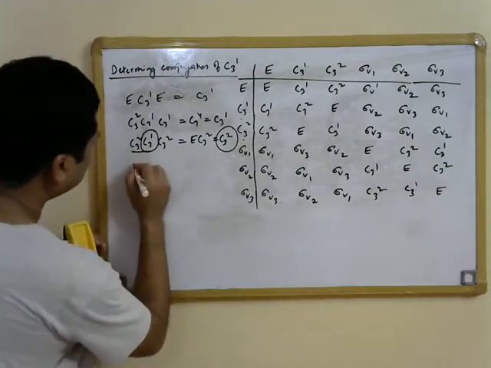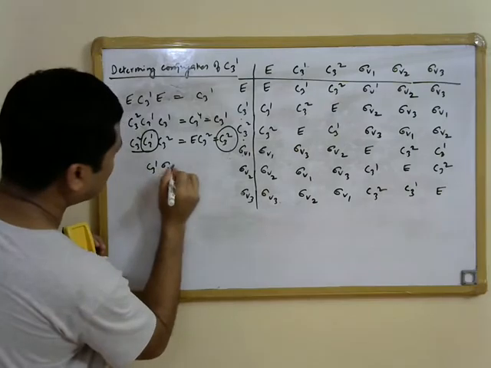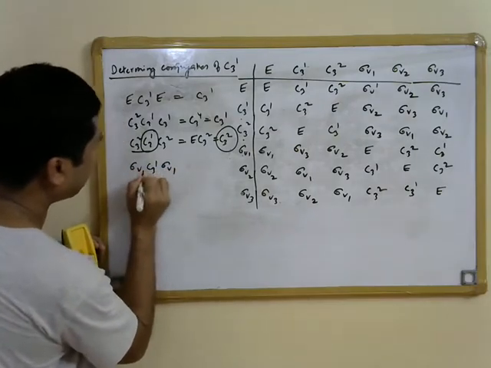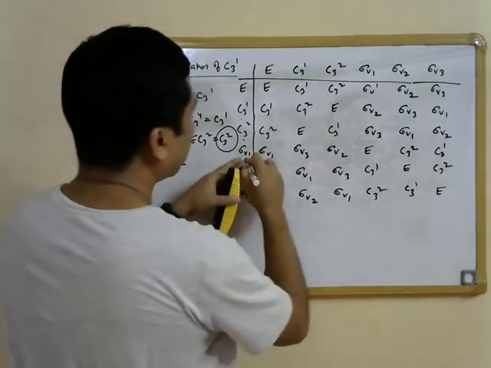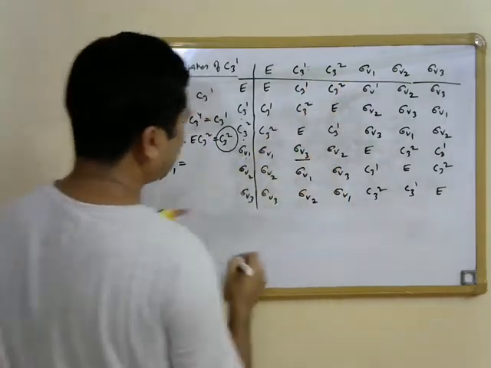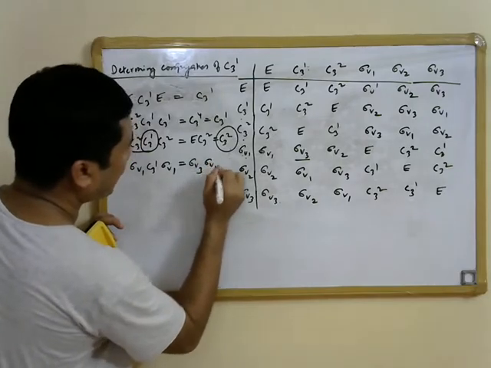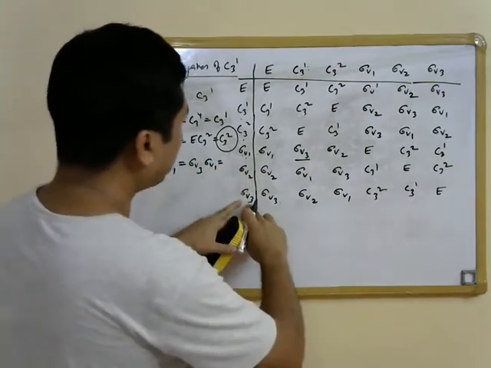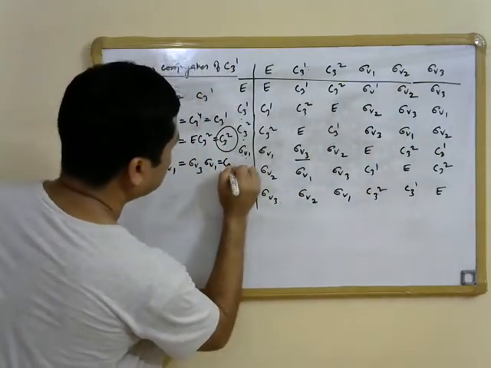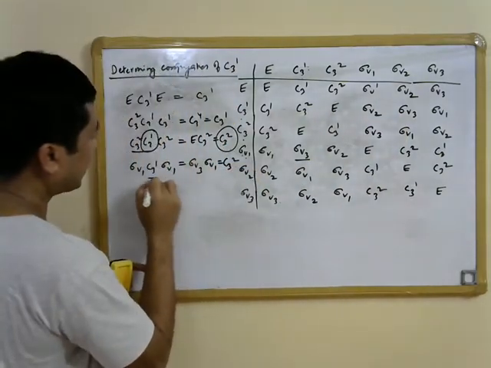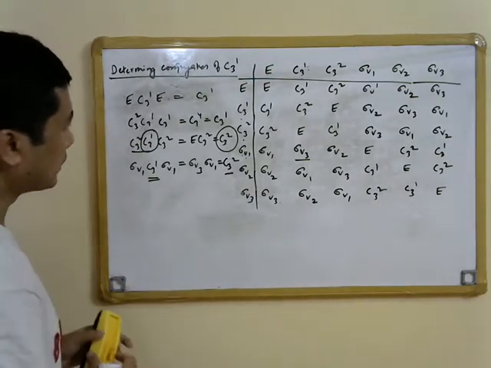And then let us go ahead and take sigma v1 and its inverse, sigma v1. So sigma v1, C31, sigma v1 we see is equal to sigma v3, and then sigma v1. This is going to be sigma v3 sigma v1, which is C32. So again, what we have seen is that C31 is a conjugate of C32.